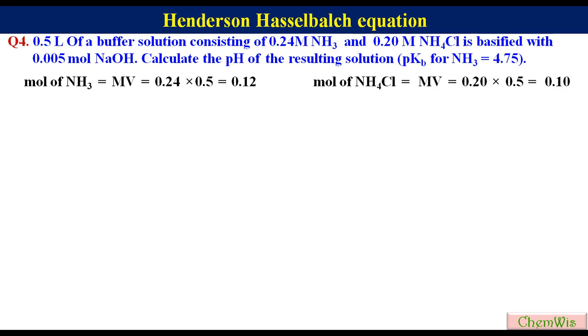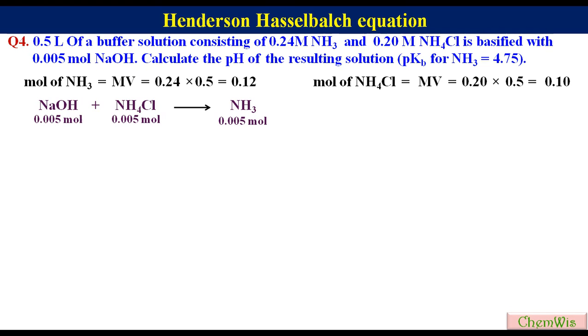Sodium hydroxide reacts completely with ammonium chloride to produce ammonia. So 0.005 moles of sodium hydroxide will react with 0.005 moles of ammonium chloride to produce 0.005 moles of ammonia.